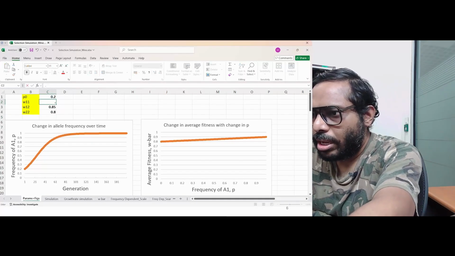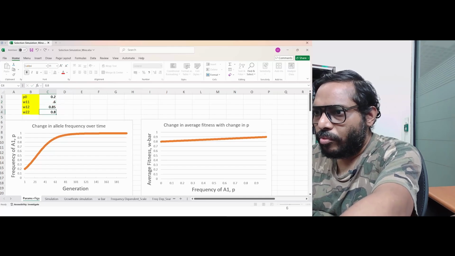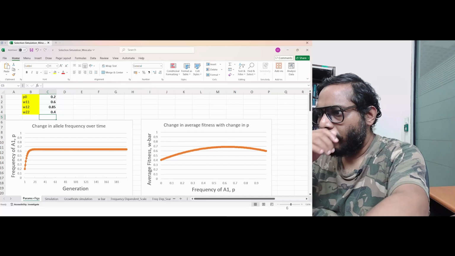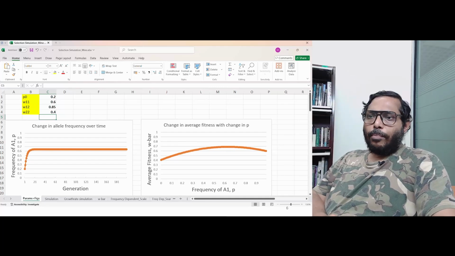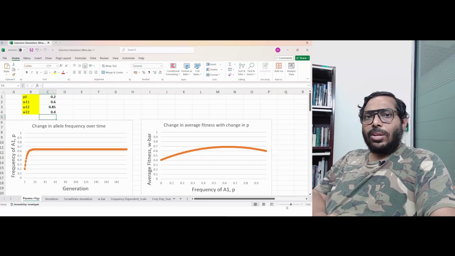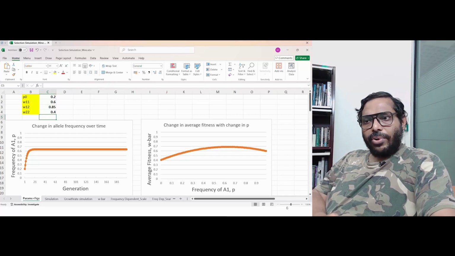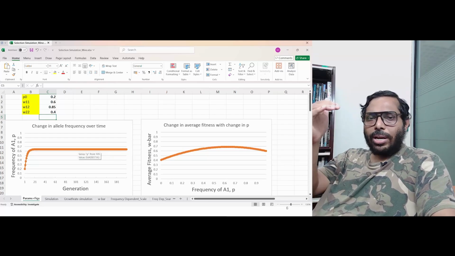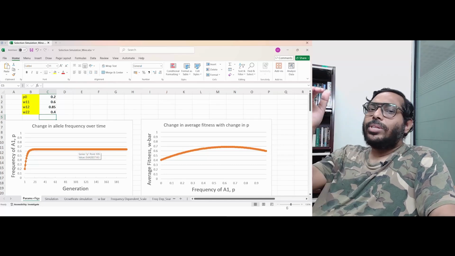Suppose we have a situation where both the homozygotes have lesser fitness than the heterozygote. When you have a scenario like this, your equilibrium frequency is somewhere between 0 and 1.